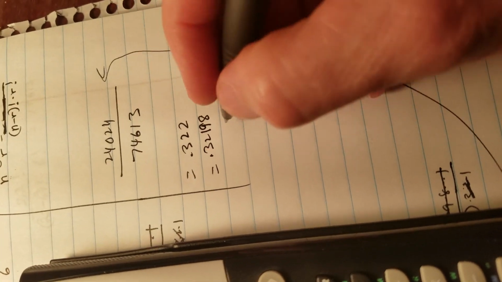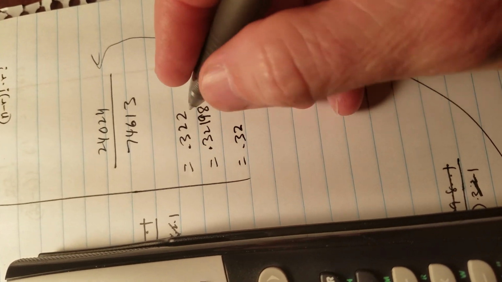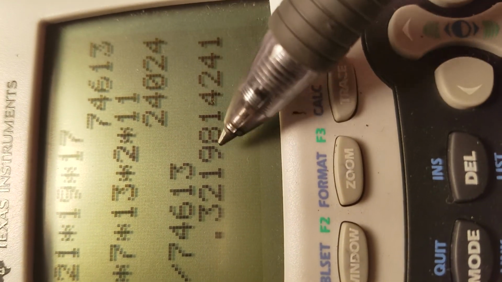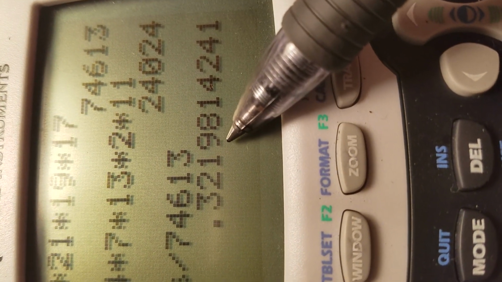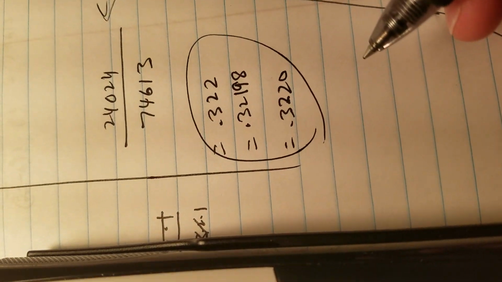Anyway, if you need 4 decimal places, it would round to 0.3220. So those are your decimal answers.